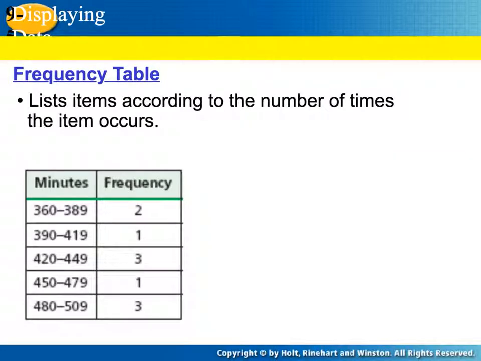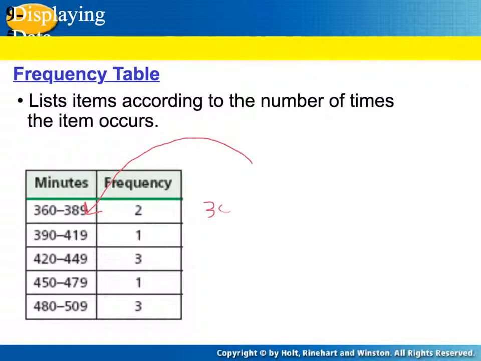Now we're going to talk about a frequency table. What I want you to do is pause the video right now and write this down. All right. So we are going to be making a histogram, and we are going to be using frequency tables. What I want you to focus on when you see this, you don't need to write that table down, but when you look at this right here, okay, notice how we go from 360 to 389.